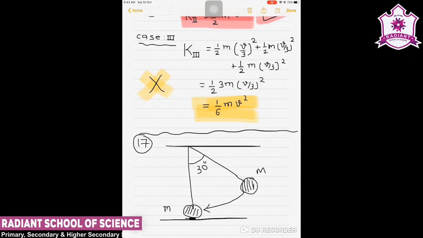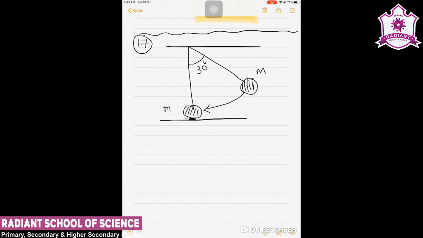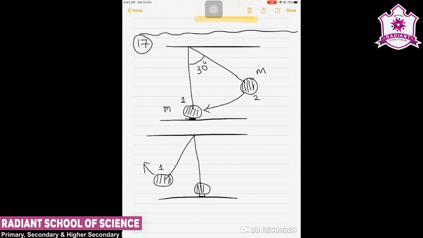So after collision, ball A will come to rest and ball B will move with the velocity of A. In the new condition, ball 2 will reach the position of 1, while the previous one will remain at rest. Initially ball 2 was at rest, now it will start moving, and this ball will remain at rest.